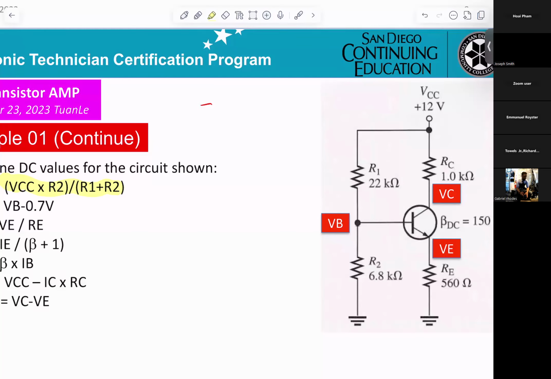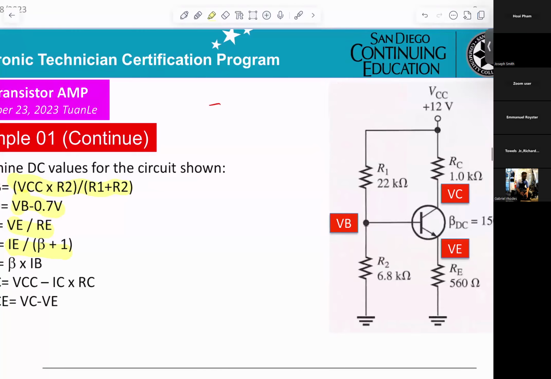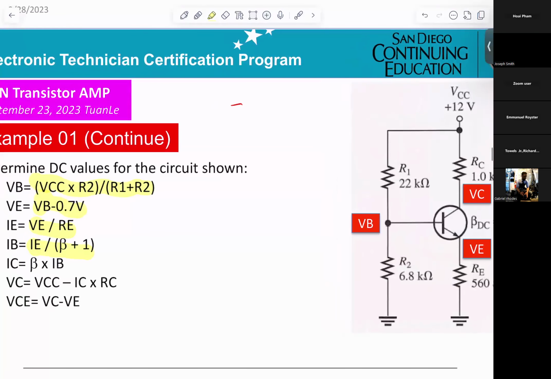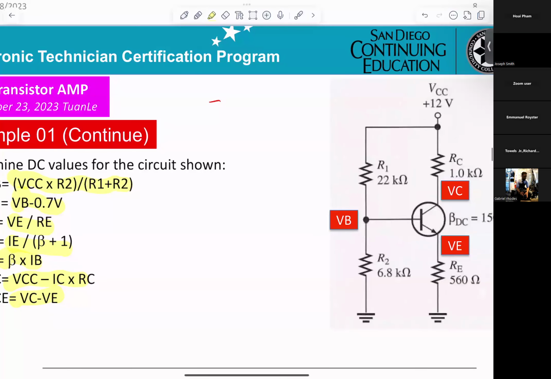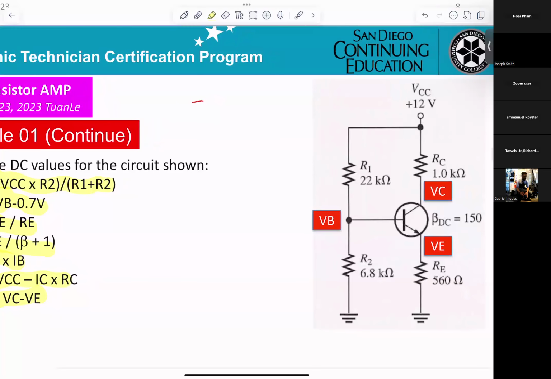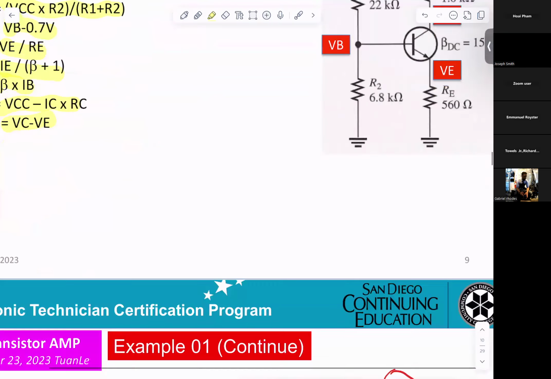If you calculate the VB, VE, if you want IE and IB, IC and VCC, that is the DC calculation. You have to try to do it. That's very basic for a technician, a minimum requirement.